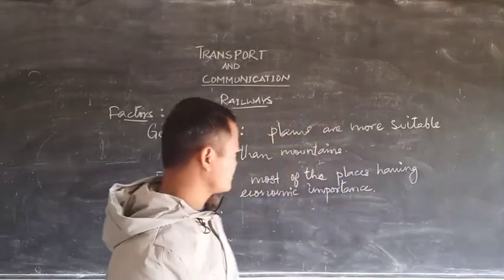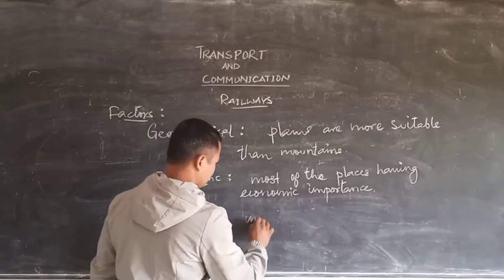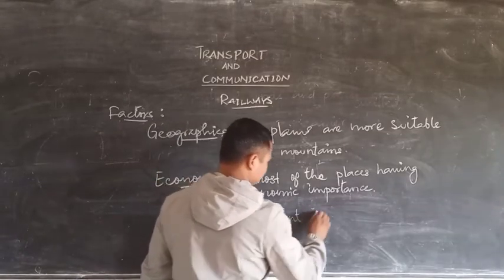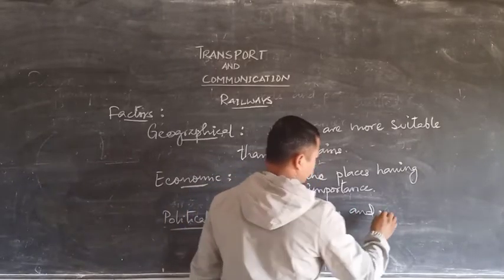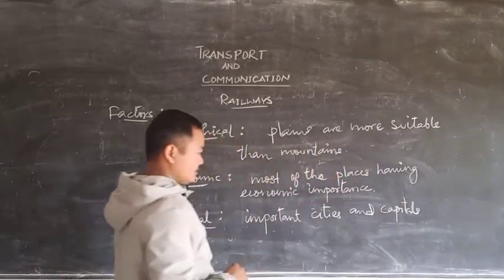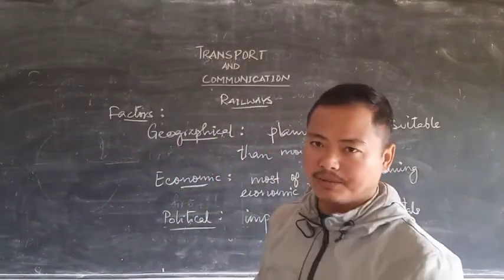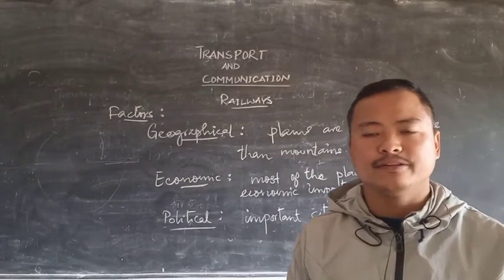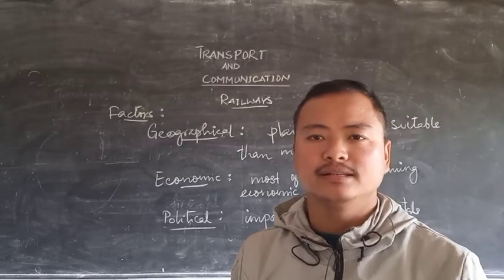So in this regard, you would find that important cities and capitals are connected, where administration becomes very easy in that particular region. So these are the factors that govern the setting up of railway tracks in India.